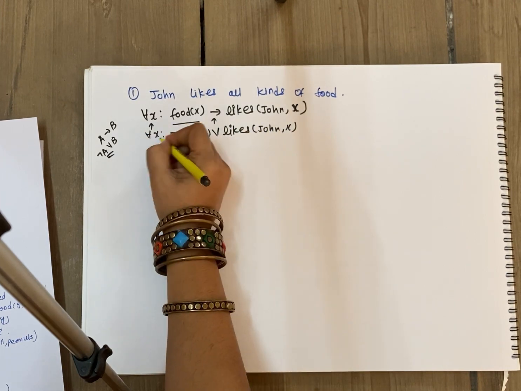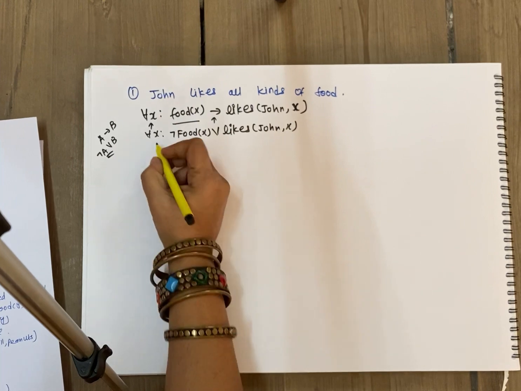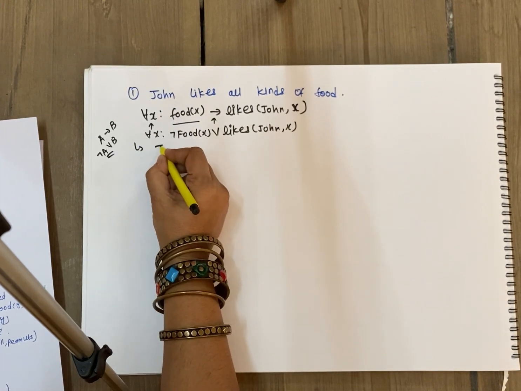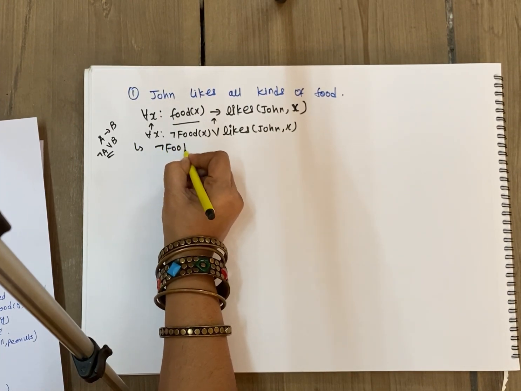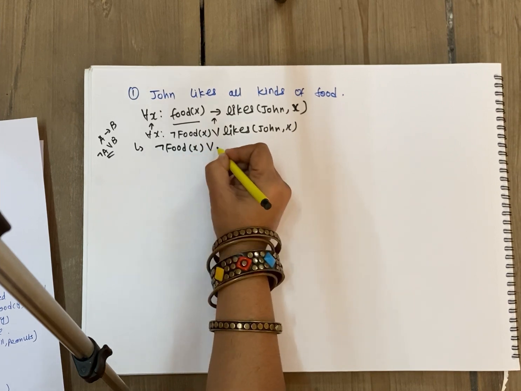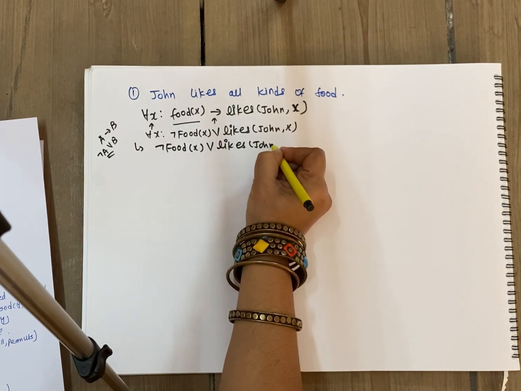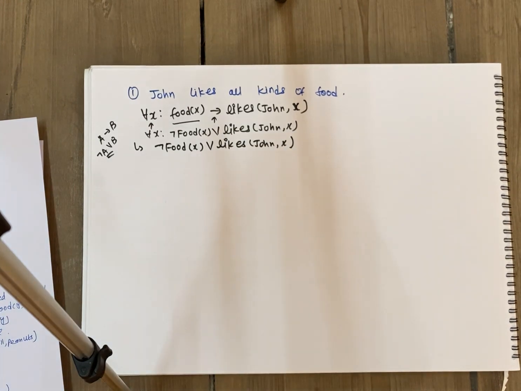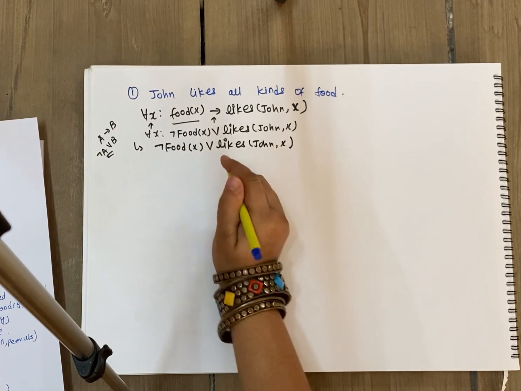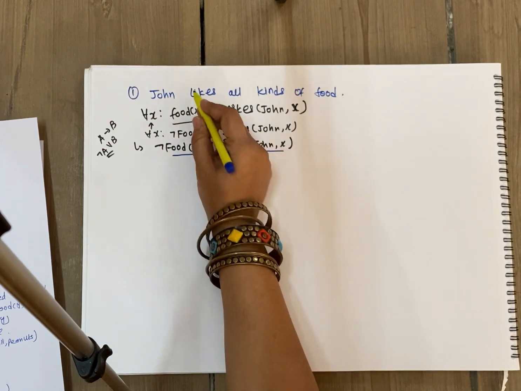Now what we are going to do is for all x will be dropped. So this will be converted finally to not food x or likes John, comma x simply. So this is the equivalent predicate we have over here, CNF clause, conjunctive normal form or clause form that we have created for the statement number 1.